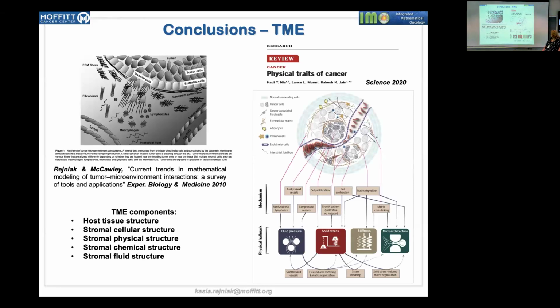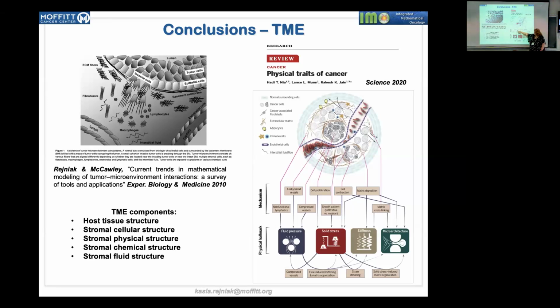His group published a paper where they didn't talk about the hallmarks. They called them physical traits of cancer, but they identified the fluid pressure, the solid stress, the stiffness of the ECM, and the microarchitecture as important factors for tumor development and tumor treatment.